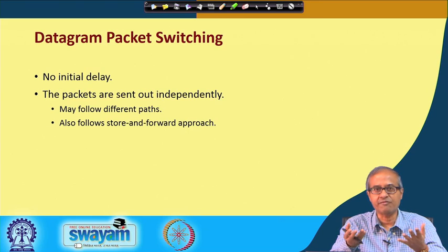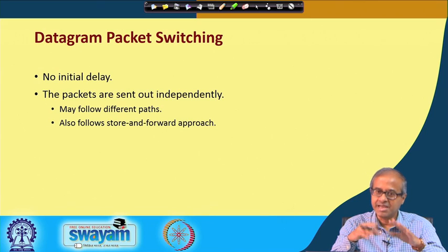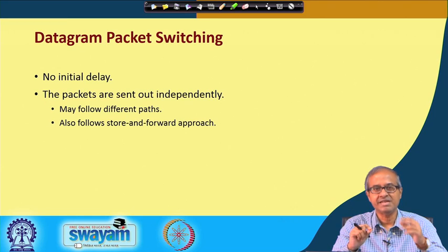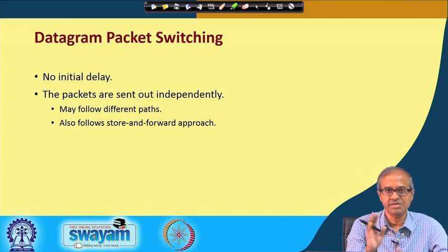But here you have lot of flexibility. You can share the links. If there are some link failures, link congestion, you can overcome those problems. So, those flexibilities are there, and because of that, this datagram approach is the most widely used approach in the internet today.